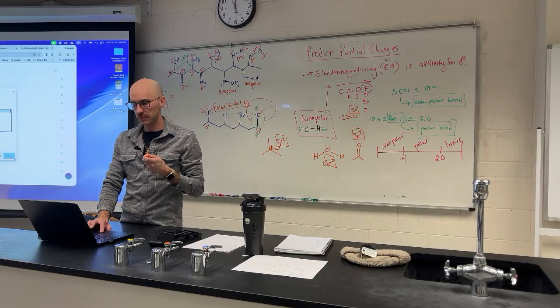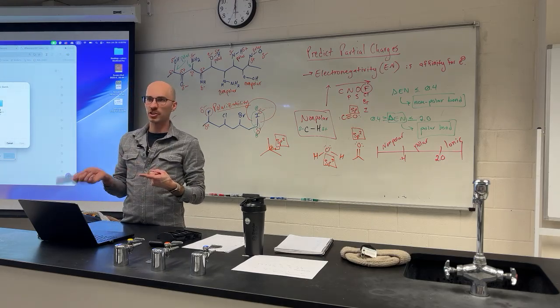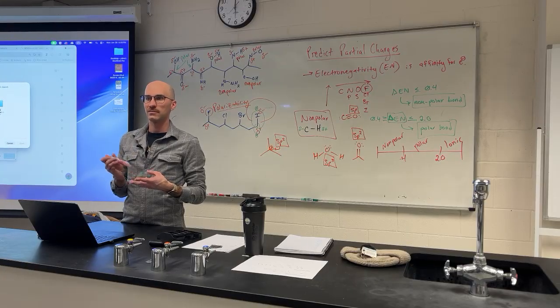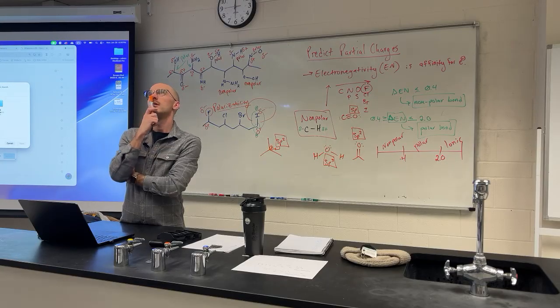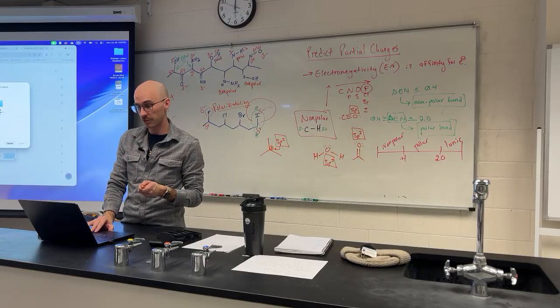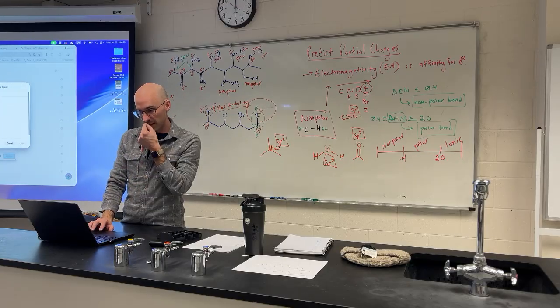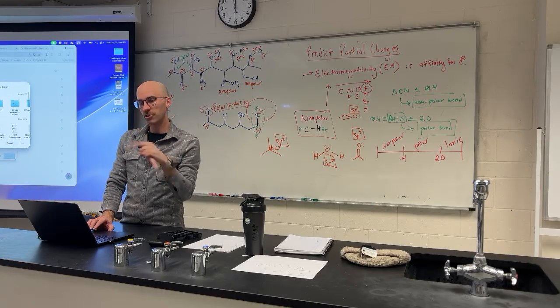However, you don't see a lot of oxygen to halogen bonds. You don't see a lot of nitrogen to halogen bonds. So thinking about their charge distribution isn't super important. There is a common molecule where you do see a nitrogen to bromine bond.